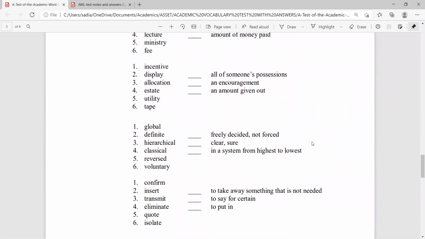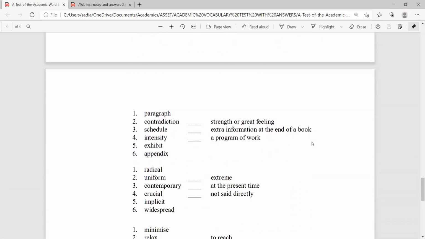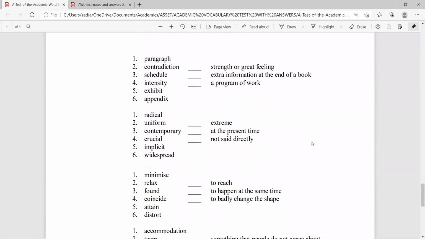You may pause the video and work on the exercise. If you don't know the meaning, kindly look up in the dictionary or Google search. Let us proceed. Pause the video and work on the exercise.